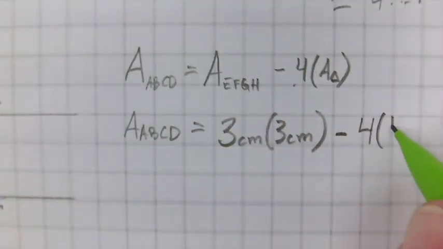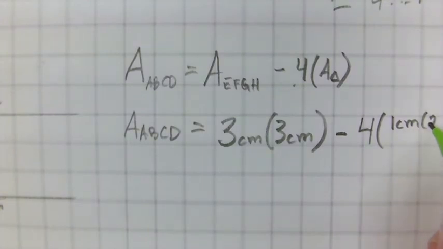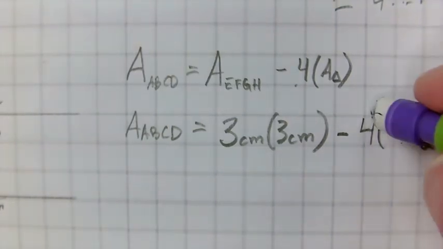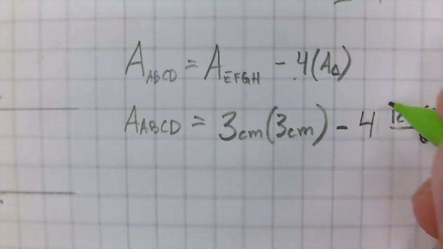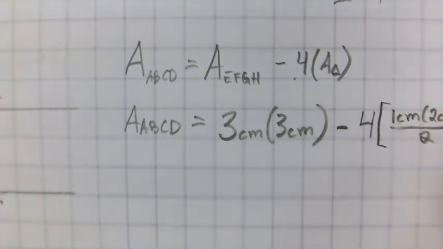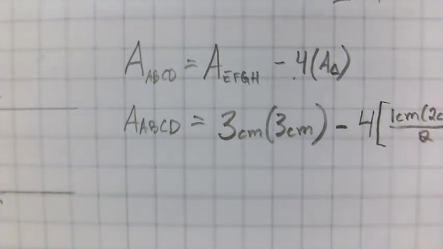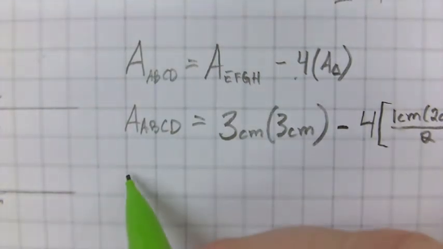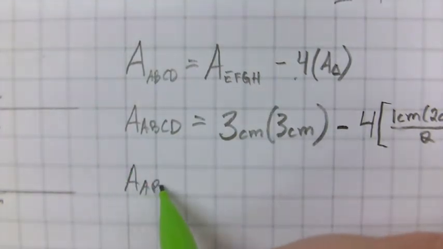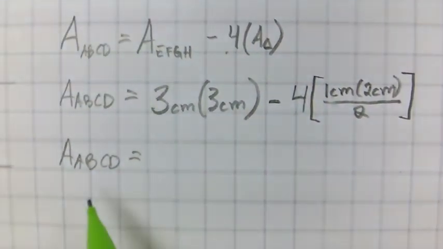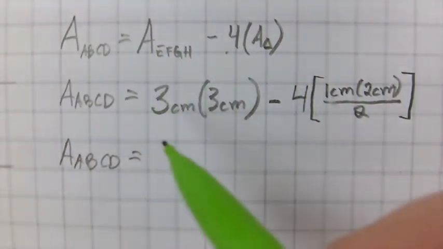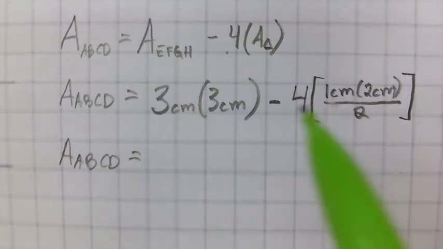So height is 1 centimeter times 2 centimeters, all divided by 2. And because I have brackets within brackets, I'm going to make these square brackets. If you use round, it's fine. And then we'll do some math here. A, B, C, D.